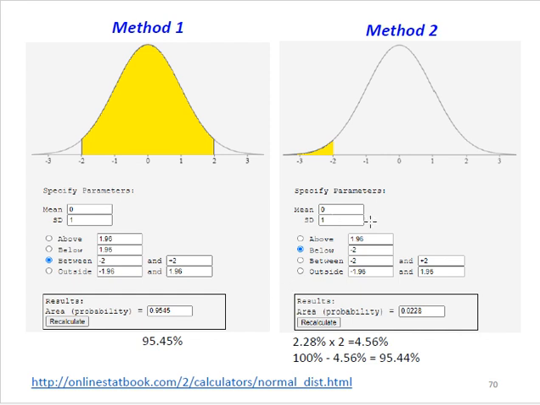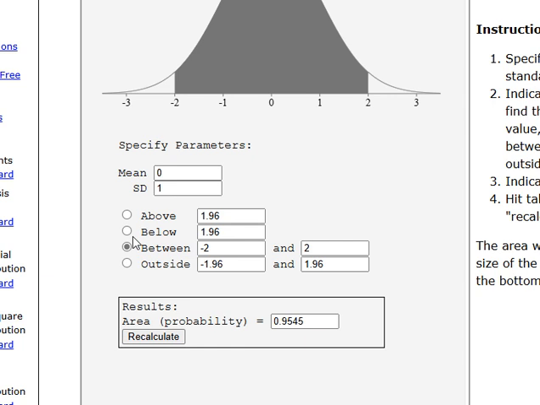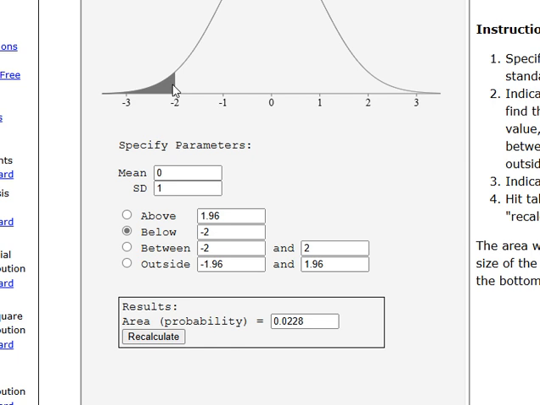The second way we can do it is to first find each area. We can go below -2, and find this area below -2 instead of our normal way. So we can just change this. If you want to see the area below, we can see that. If you go all the way to +2, you're going to see this.